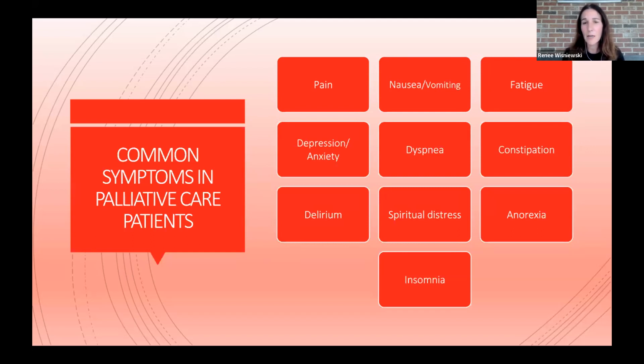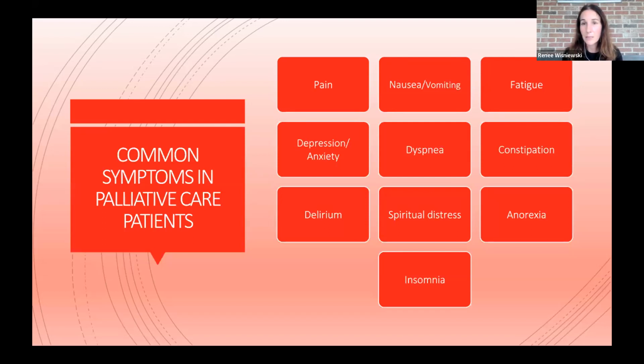Spiritual distress, often when somebody's confronted with a chronic illness and they're approaching end of life or have been told that there's no further treatment options, spiritual distress can manifest, or it can also manifest early on in a diagnosis when somebody feels abandoned by their religion, receiving a diagnosis of a chronic illness or terminal illness.